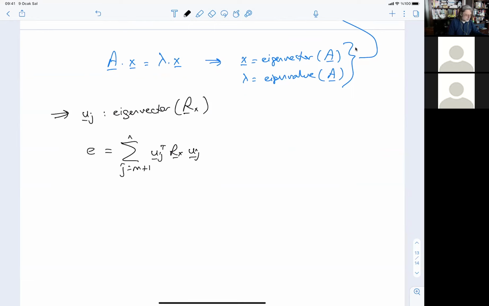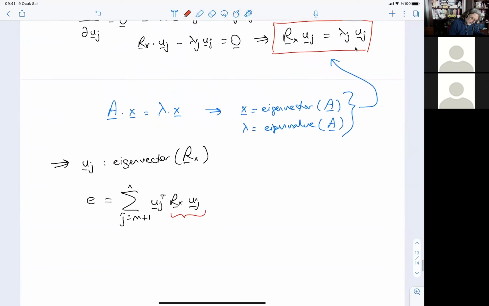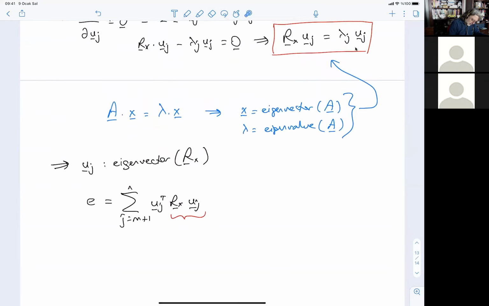This was our error. Now I will take a look at this part and see that Rx times Uj here is equal to lambda j times Uj as the answer. So let me write it like that: Uj transpose times lambda j times Uj.